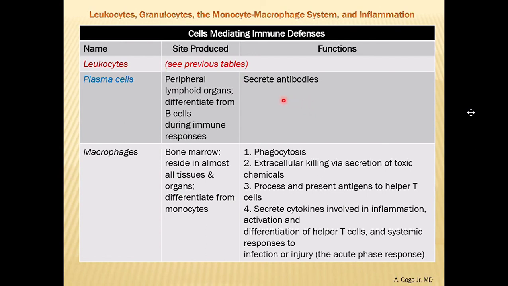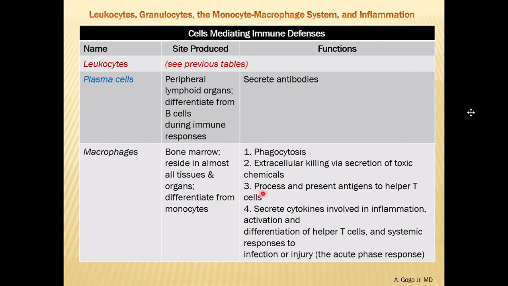Okay. Then another cell in this group are the macrophages, produced in the bone marrow. They reside in almost all tissues and organs of the body, and their origin is the monocytes. So they differentiate from the monocytes. The main function is phagocytosis, and they are involved in extracellular killing by secretion of toxic chemicals, then they process and present antigen to helper T cells.